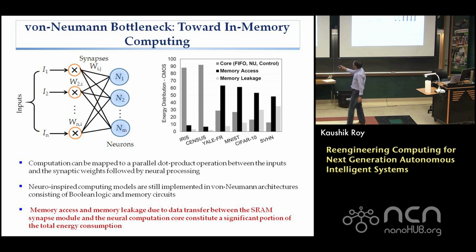If I were able to do that, it turns out, on some image recognition data sets that one can look at, that compared to a standard von-Neumann architecture where such in-memory computing is not possible, the improvement in energy consumption is huge. About 200 to 1000x improvement in energy consumption compared to today's von-Neumann architectures and computing.